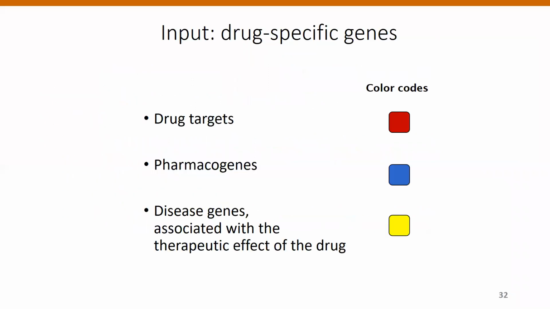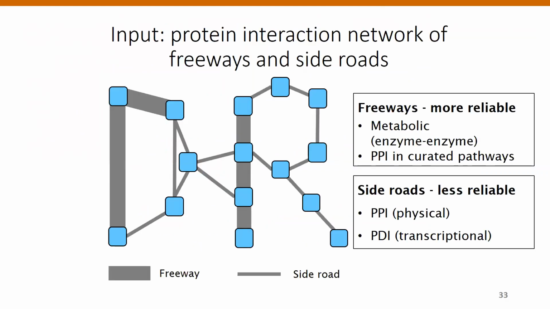And as input, we took drug targets, pharmacogenes, and disease genes, which are known. These are drug-specific genes which are curated and known in several databases. And we build a protein interaction network, which is constructed of two types of interactions. Those that we call freeways, which are more reliable.